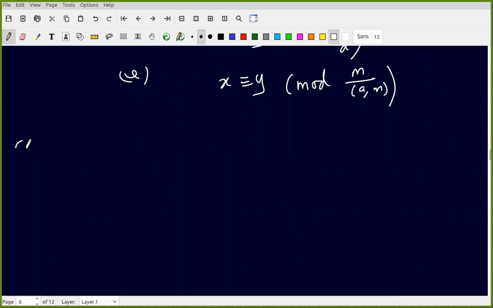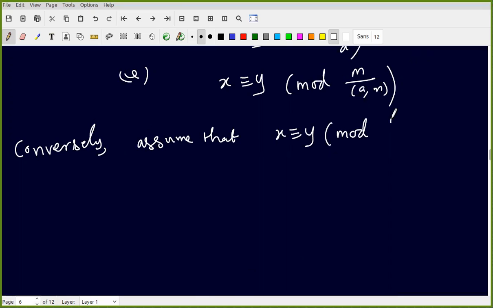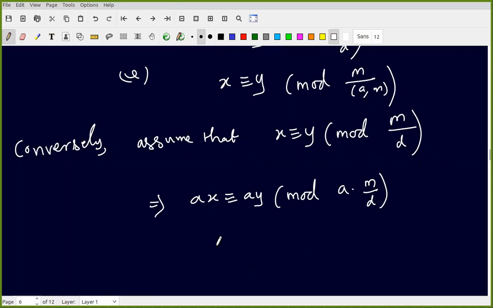Conversely, assume that X is congruent to Y modulo M over D, where D is the GCD of A and M. If we multiply A throughout the equation, we have AX congruent to AY modulo AM by D. Here the modulus value is AM by D.